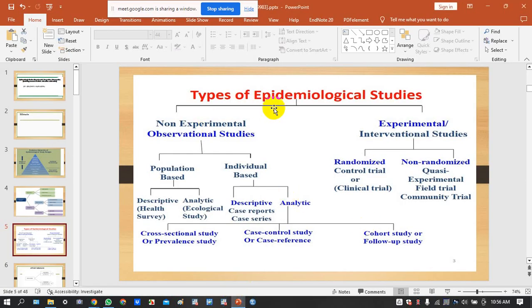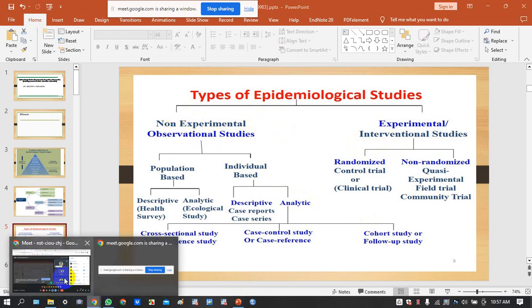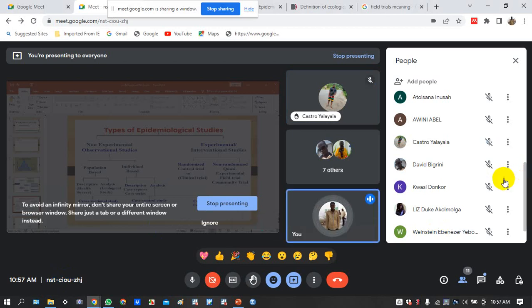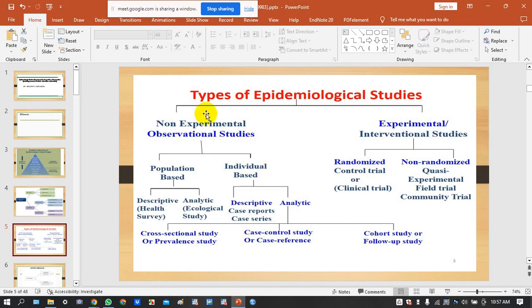Okay, so types of this image will explain the study design better. So we have non-experimental or observational studies.